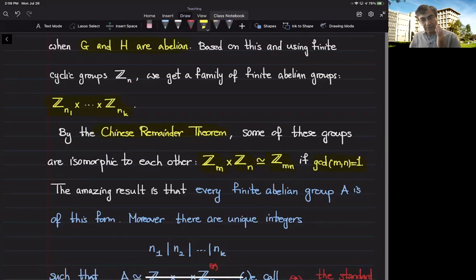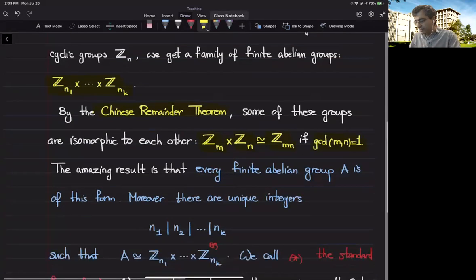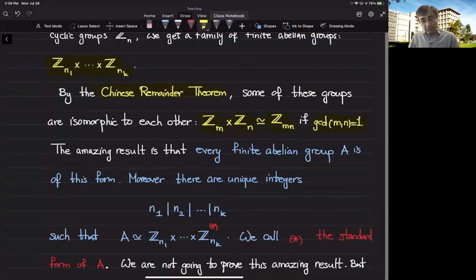For every finite abelian group, we can find unique integers with the following properties: n1 divides the next one, n2 divides the next one, and so on, and our given finite abelian group is isomorphic to Z sub n1 Cartesian product with Z sub n2, and so on.